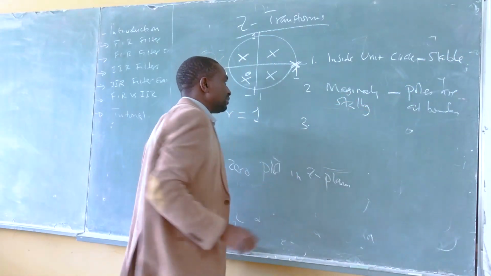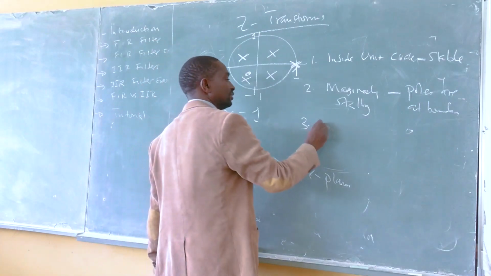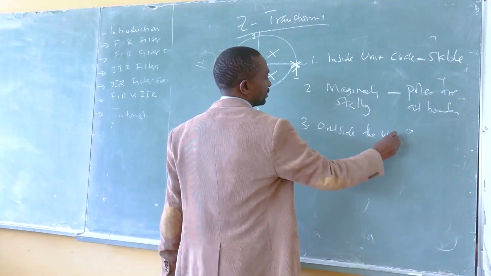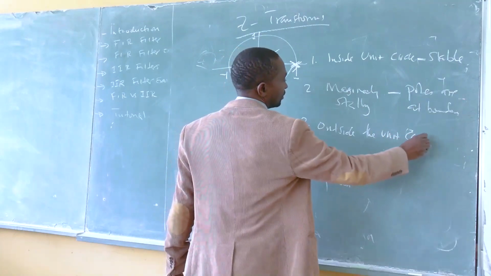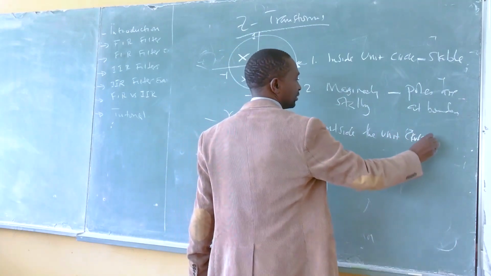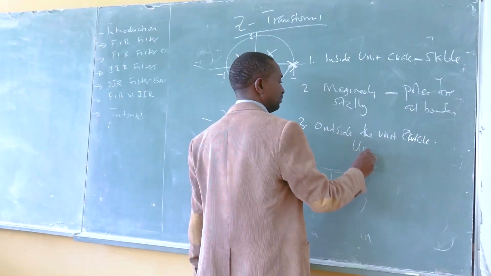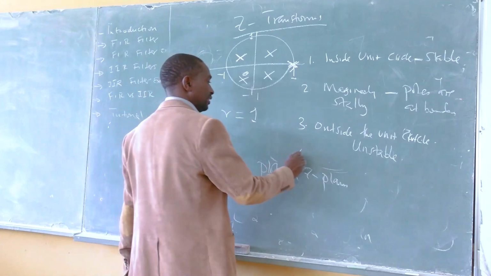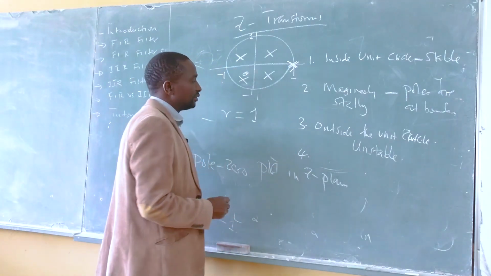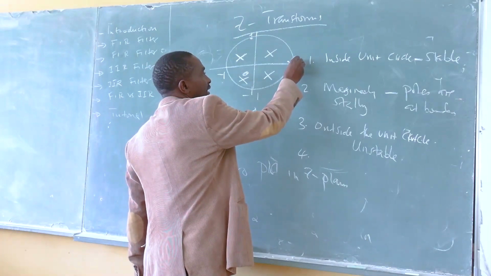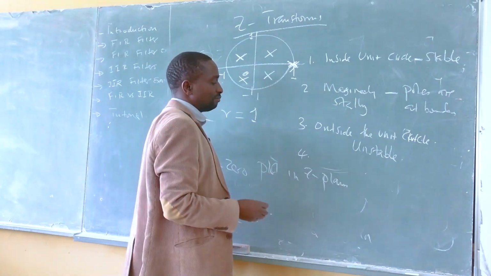The third scenario is when the poles are outside the unit circle, then we say the system is unstable. Again, there may be another scenario where you have 2 poles at the boundary, one here and another one there, at the same point.